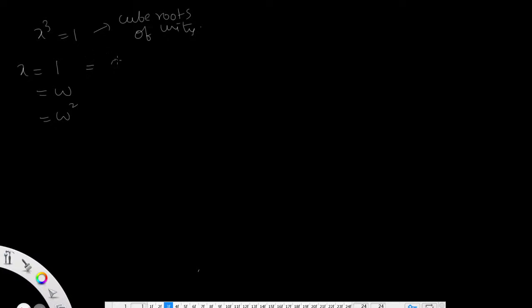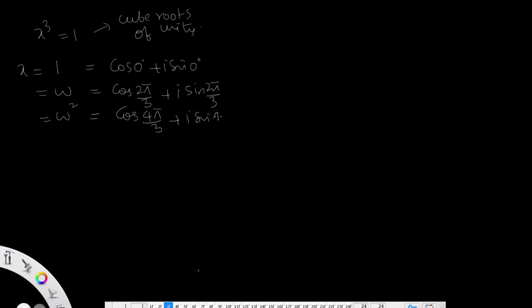We can write 1 as cos 0 plus i sin 0, whereas omega is cos 2 pi by 3 plus i sin 2 pi by 3. Next, omega square is cos 4 pi by 3 plus i sin 4 pi by 3.